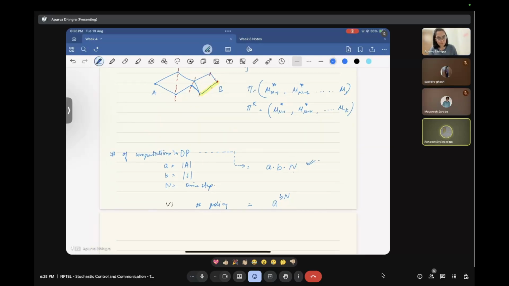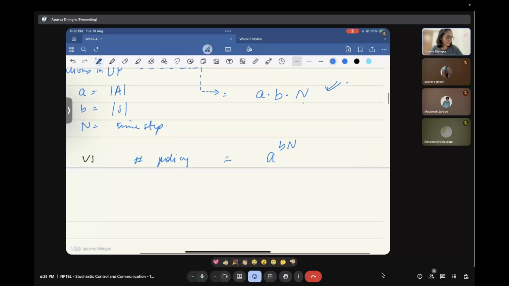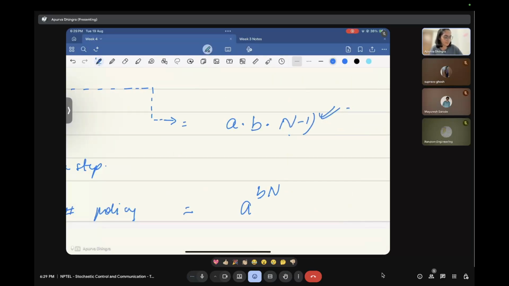Okay, I just have a doubt, why are we keeping n? Because at the last stage we are not computing anything. Shouldn't it be n minus 1? Sure, that's just a technicality, nothing to worry about there. In big O it won't matter that much.